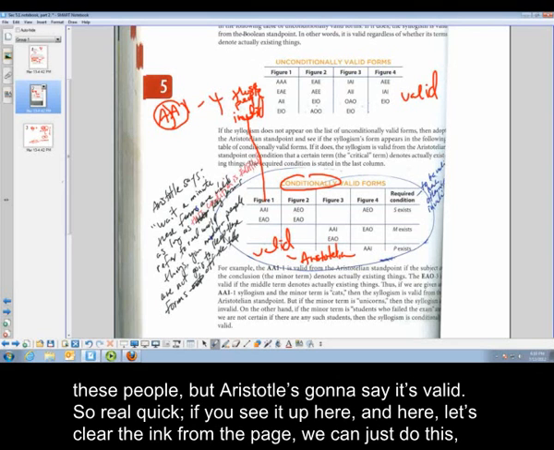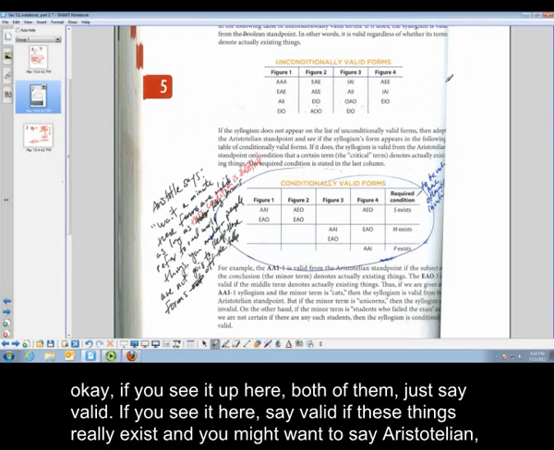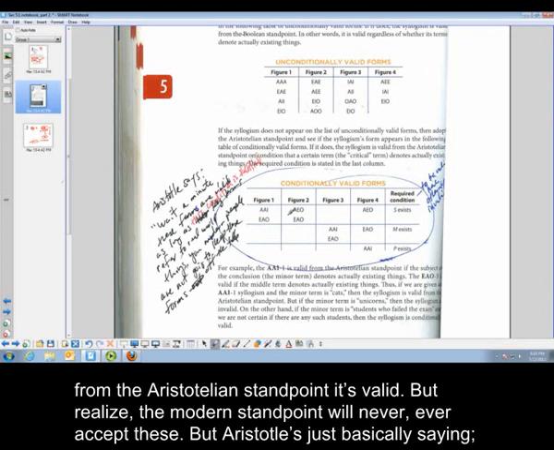So real quick, if you see it up here, and here, let's clear the ink from the page so we can just do this. Okay. If you see it up here, both of them just say valid. If you see it here, say valid if these things really exist. And you might want to say Aristotelian. From the Aristotelian standpoint, it's valid. But realize the modern standpoint will never ever accept these.